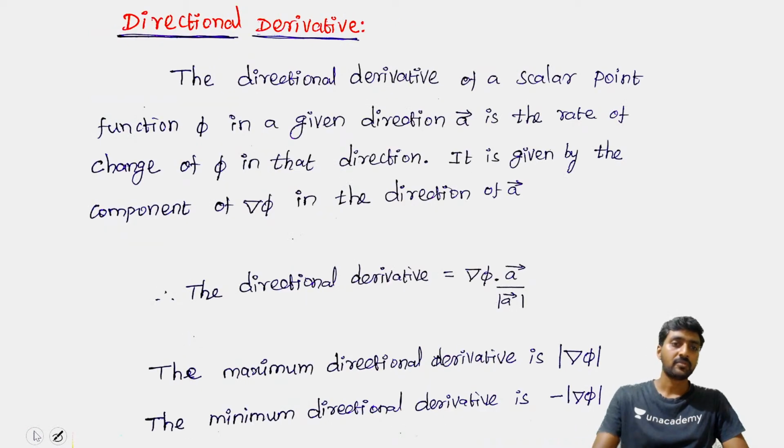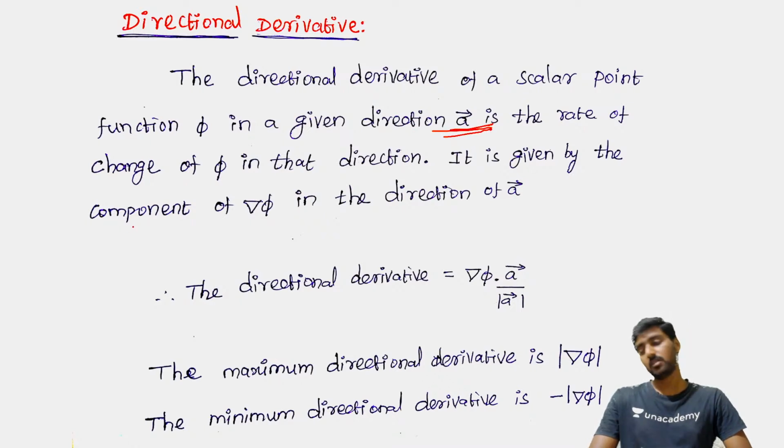Next one, directional derivative. So what is meant by directional derivative? The directional derivative of a scalar point function phi in a given direction a is the rate of change of phi in that particular direction.